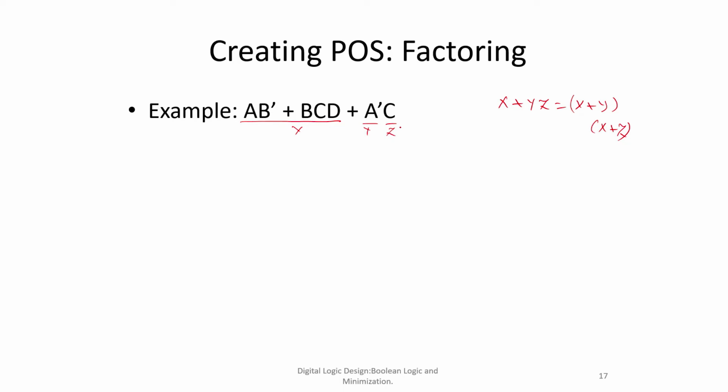So from this theorem, I can write this as ab' plus bcd plus what is the y? It is a', correct? And then there is a product form with again x as my ab' plus bcd, and then z, which is my c.